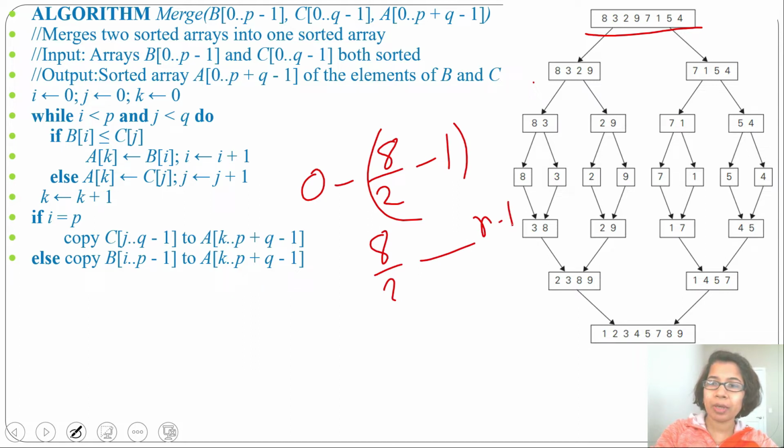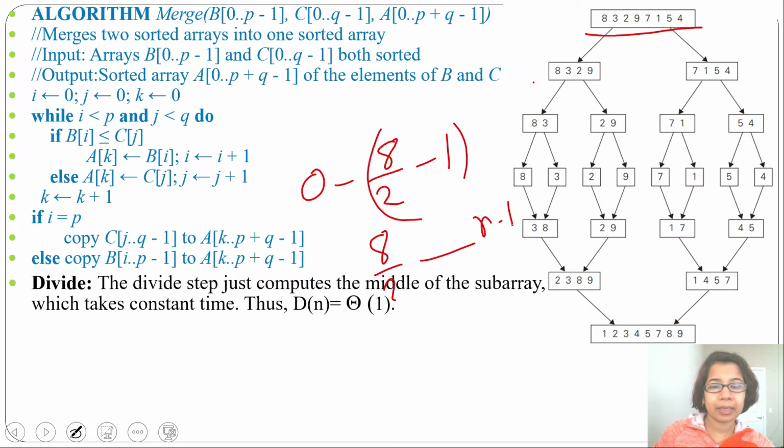So simply we are finding the middle of this array and making the subarrays. So this will take theta of 1 time. Simply we are dividing: 0 to n divided by 2 minus 1 will go to the first array, then n divided by 2 to n minus 1 will go to the second array, and it will take theta of 1 time.